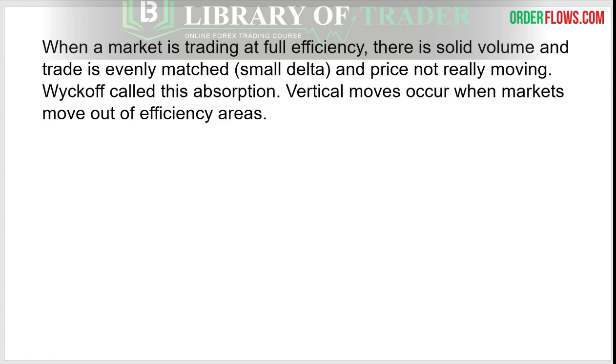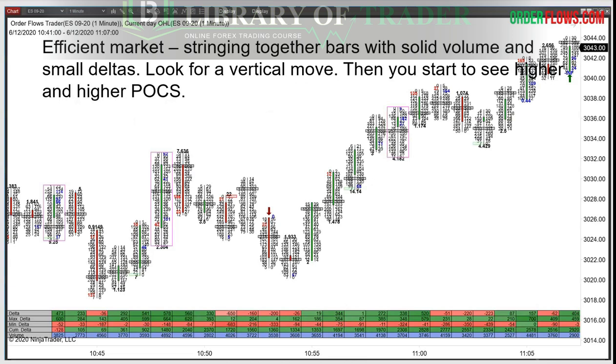Vertical moves occur when markets move out of efficiency areas, right? And we all know that, right? You all see markets rotating, and then boom, market shoots off 20 points in a direction. That's the rotation, that's the efficiency. The 20-point move is the market inefficiency.